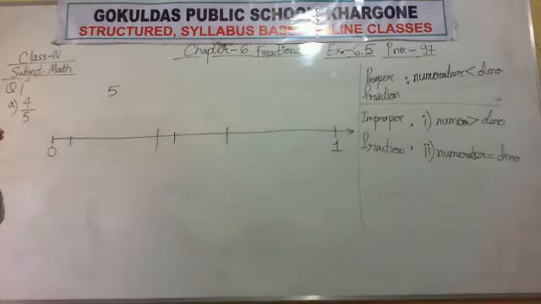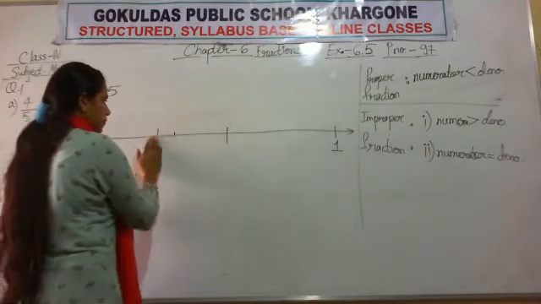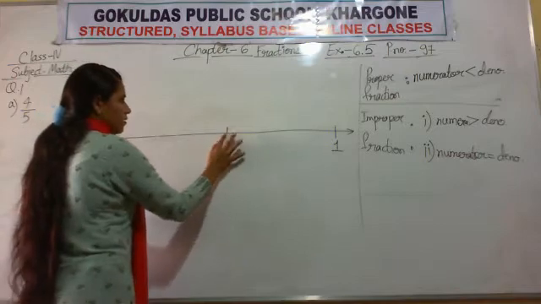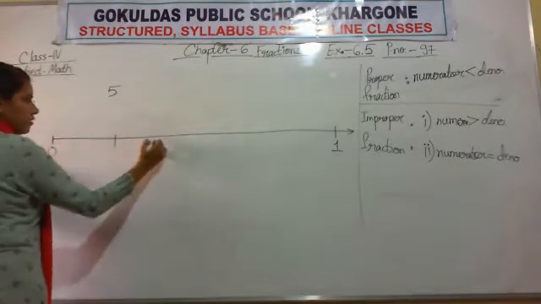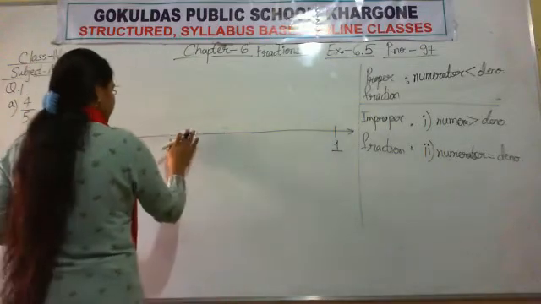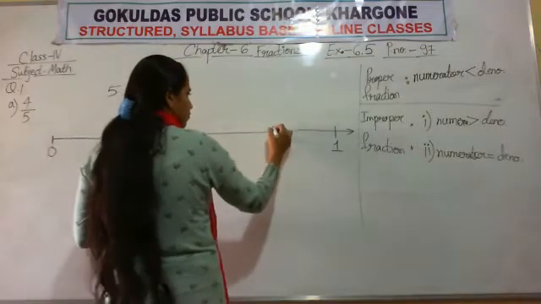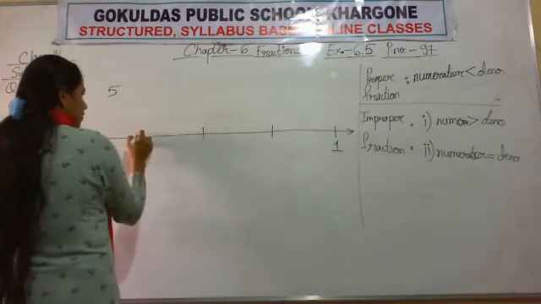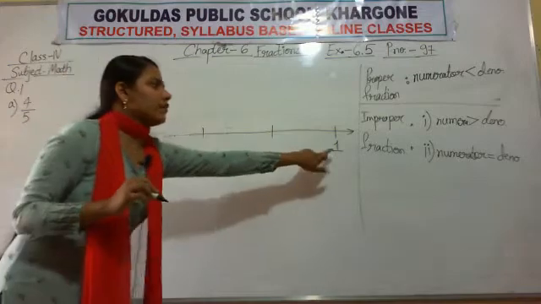You need to make proper equal divisions of this number line. 1, 2, 3, 4 and 5.